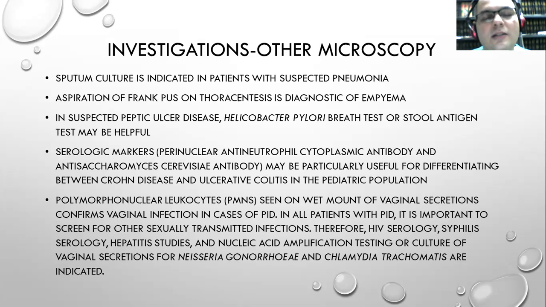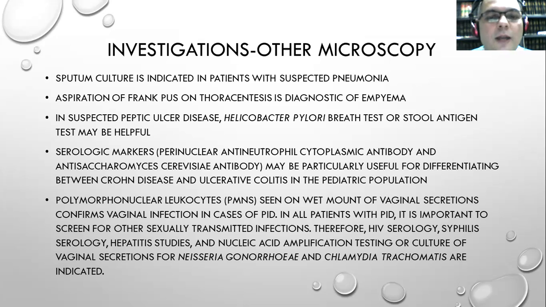Polymorphonuclear leukocytes, that is WBCs, that is neutrophils, seen on a wet mount of vaginal secretions, confirm vaginal infection. And this leads to the confirmation of a diagnosis of pelvic inflammatory disease. In all patients with pelvic inflammatory disease, it is important to screen for other sexually transmitted diseases like syphilis, gonorrhea, hepatitis B and HIV.